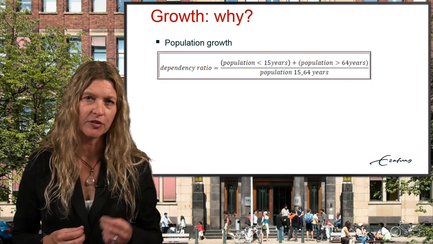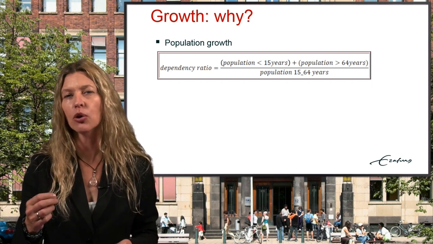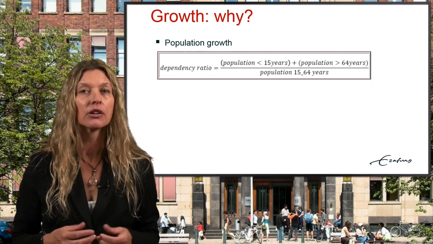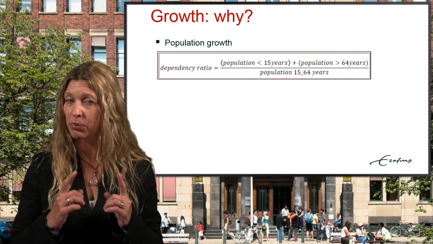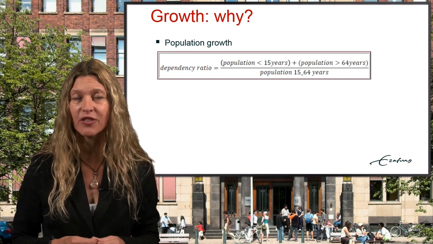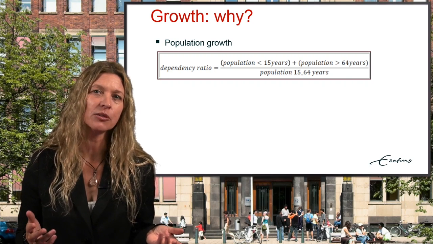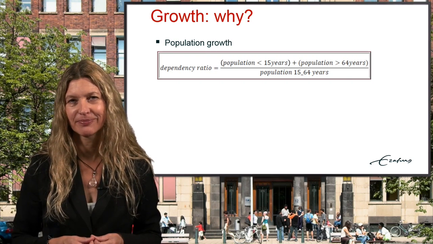If those under 15 make up 25% of the population and those over 64 make up 20% of the population, those of working age need to earn an income for themselves plus for the other 45% of the population. But with economic growth, incomes increase, so the burden becomes a little bit lighter.